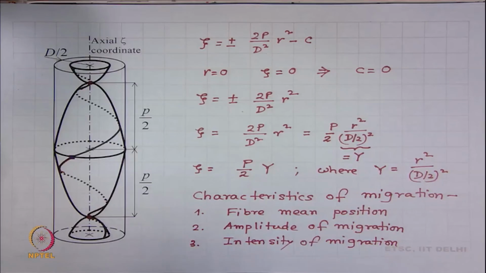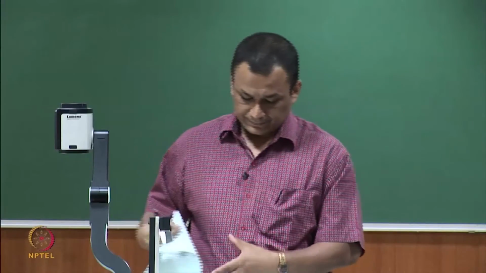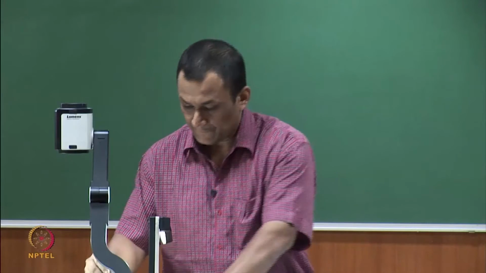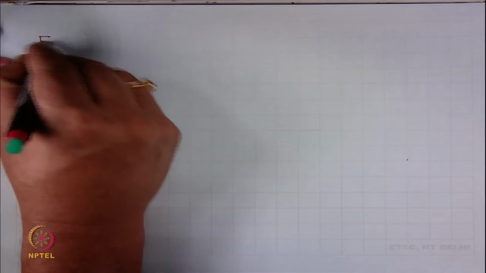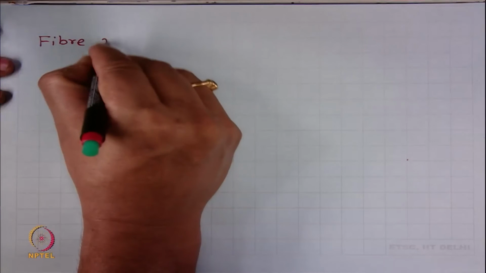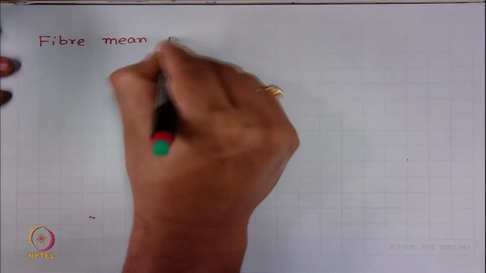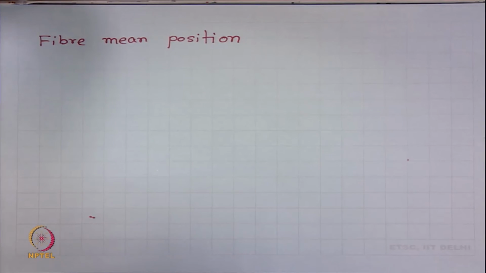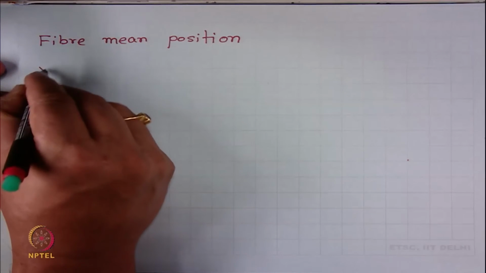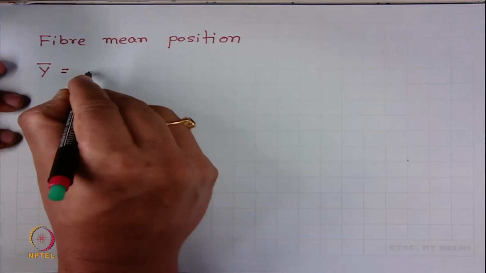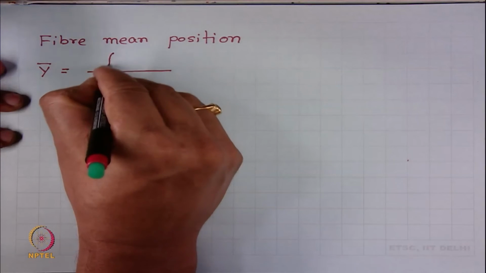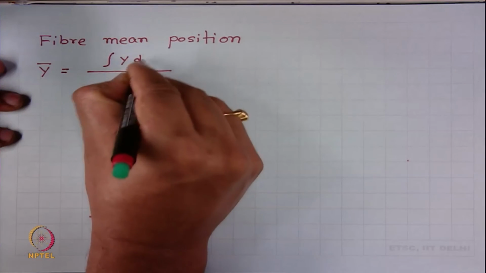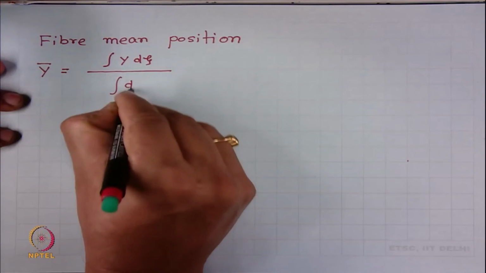First, start with fiber mean position. Fiber mean position is defined by y bar is equal to integral of y times d zeta divided by this integral of d zeta.